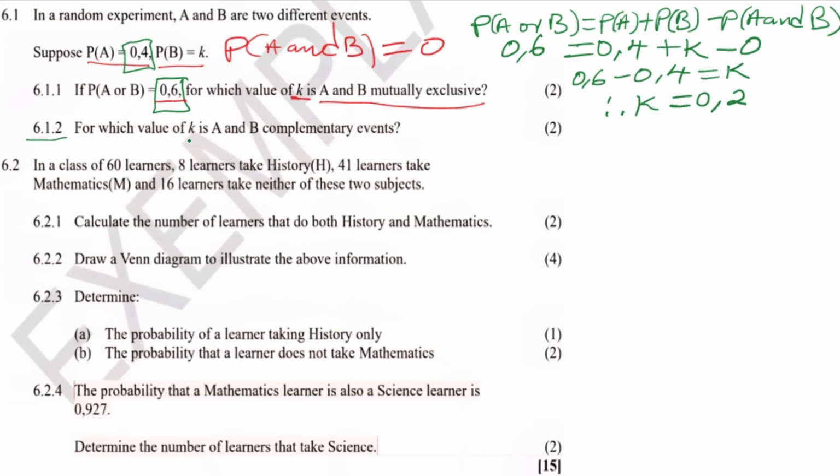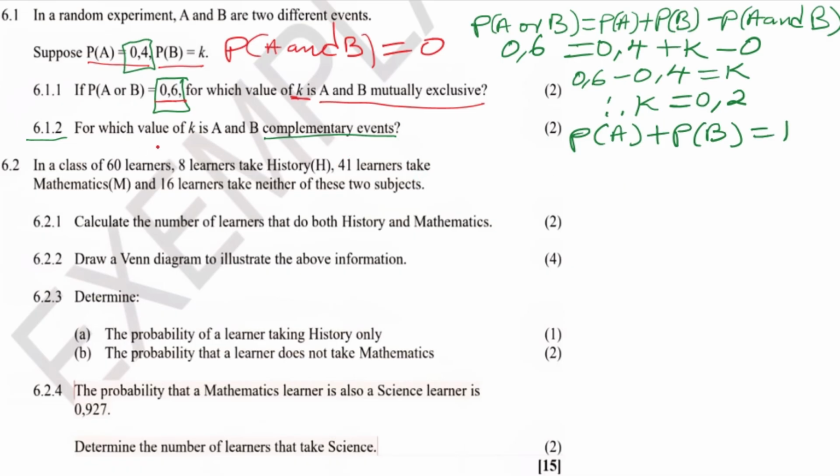6.1.2, for which value of K are A and B complementary? So in order for us to find the value, we need to write the complementary formula. That will be the probability of A plus the probability of B is equal to 1.